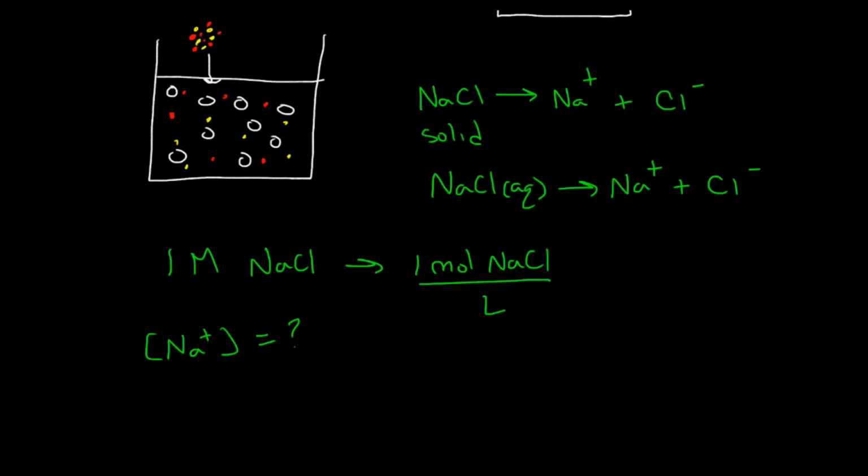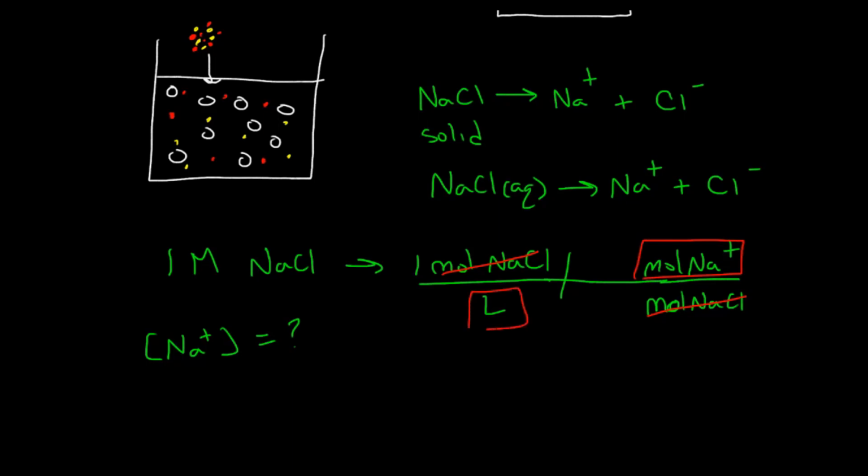Right now we know it's 1 mole of sodium chloride dissolved in 1 liter. What we want to know is how many moles of sodium are dissolved in 1 liter. If we cancel out moles of sodium chloride and replace it with moles of sodium, we're left with moles of sodium per liter, which is the concentration of sodium.